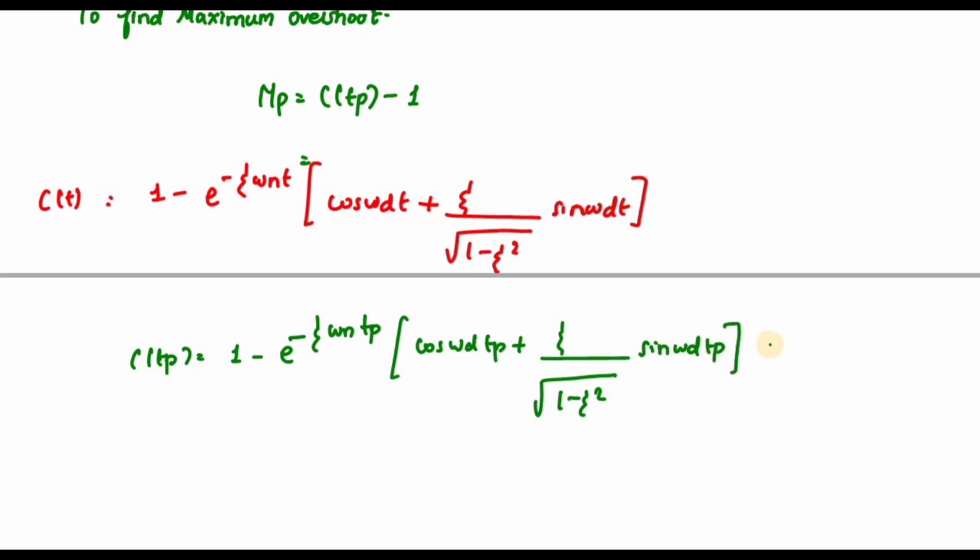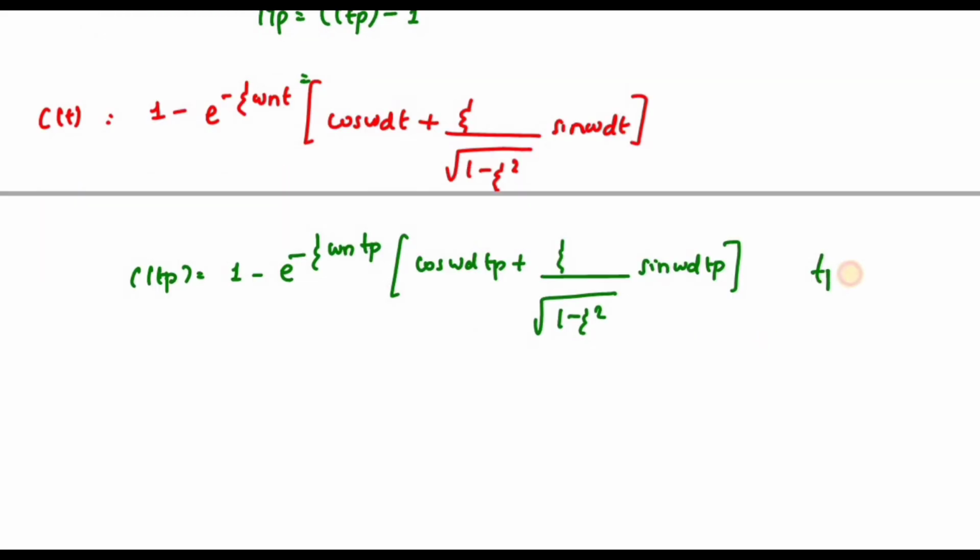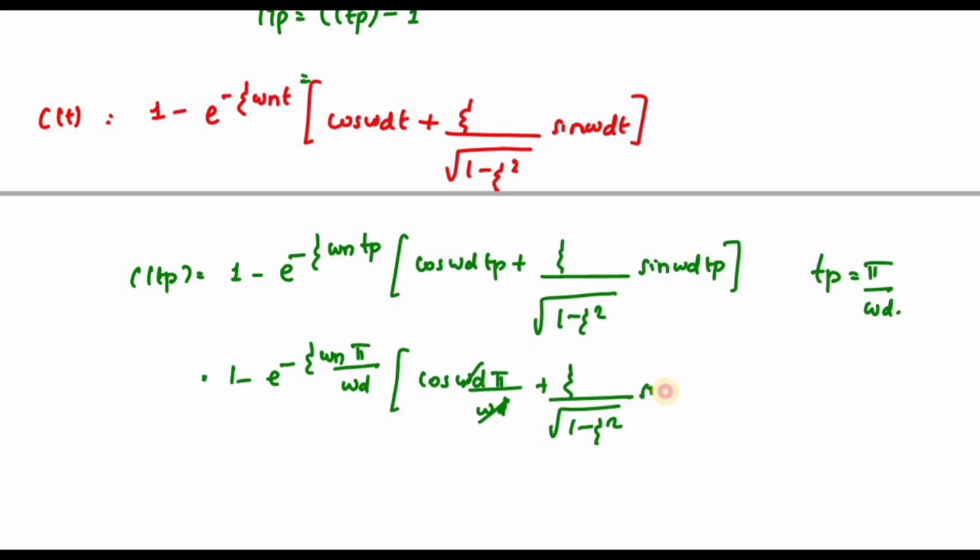So I'll substitute that value of t p in the equation, and I'm going to cancel the sin pi terms because sin pi is 0, and omega d and omega d get cancelled out. So what is cos pi? Cos pi is minus 1.